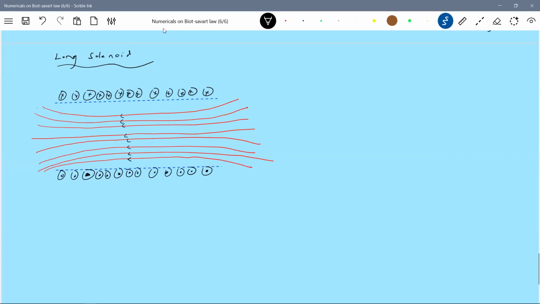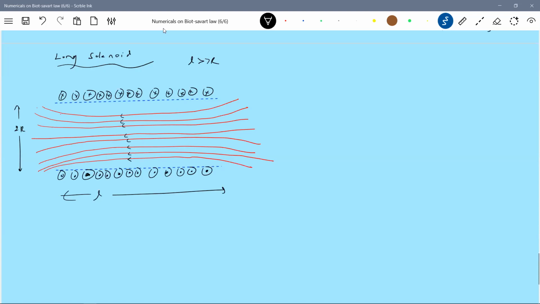How do we define a long solenoid? If this is the radius, L is greater than R. Suppose the length is some 30 centimeter and the radius is 1 centimeter or even a few millimeters, then it is a long solenoid.